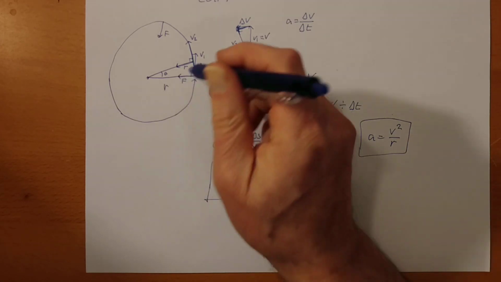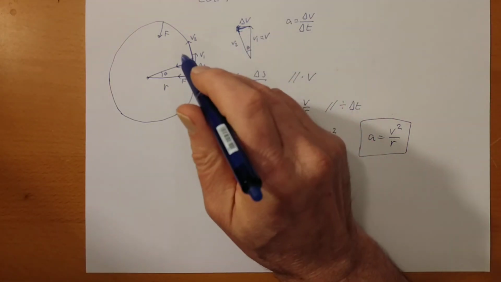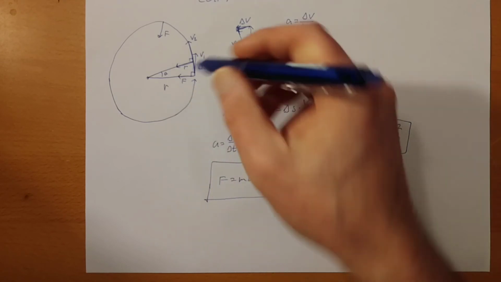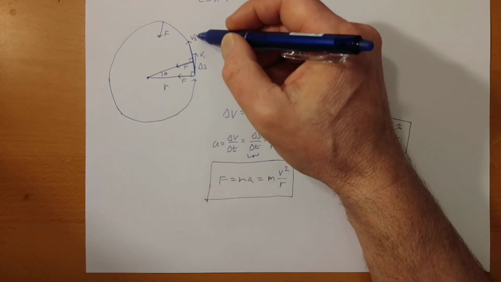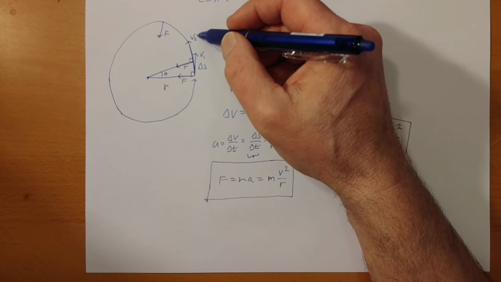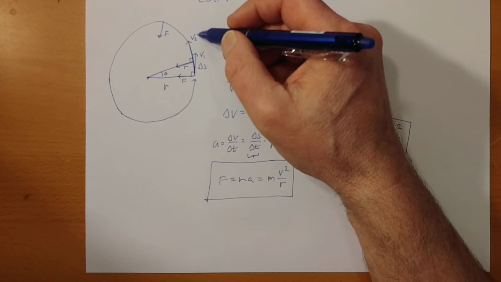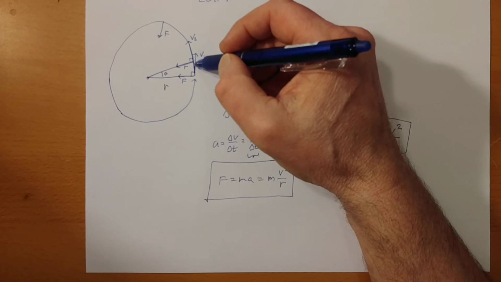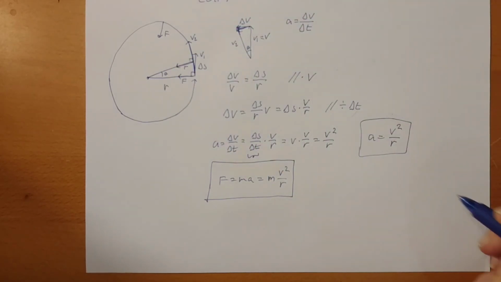And the force will then be inwards, acting on the object, and the object itself will try to continue in a straight line, by Newton's first law, and that must be counteracted with the force inward.